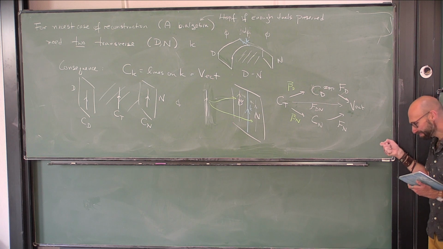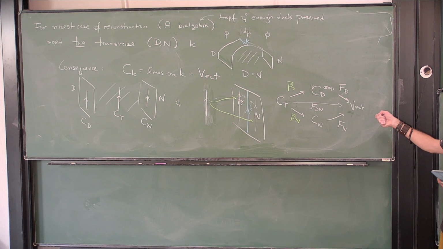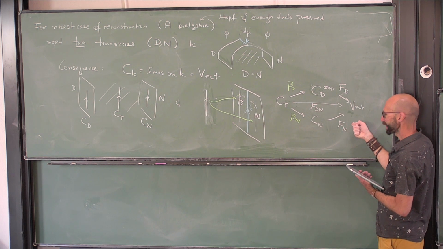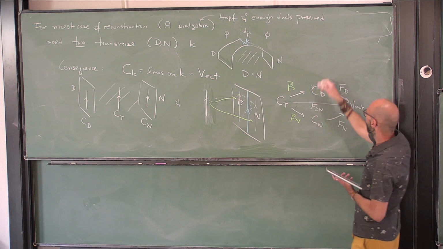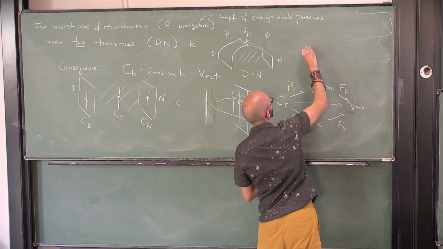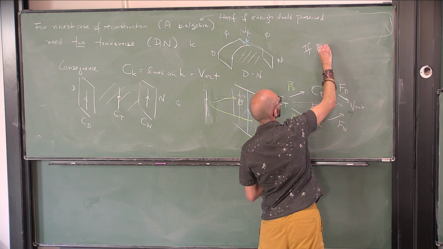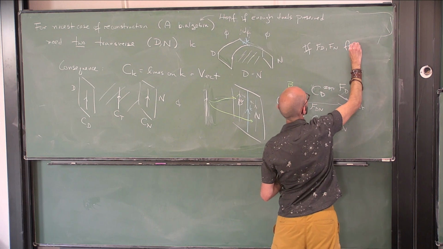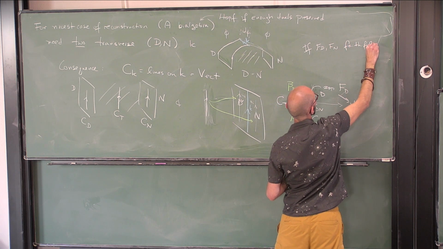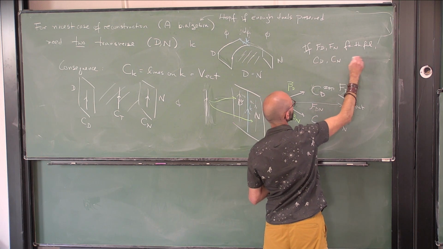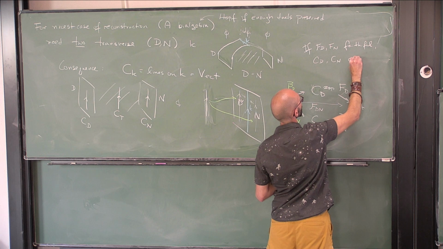It's a monoidal category version of Koszul duality, but it has names, and so if these actions are faithful, which is a completeness condition, CD and CN are called dual categories.